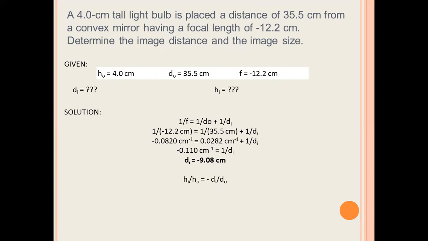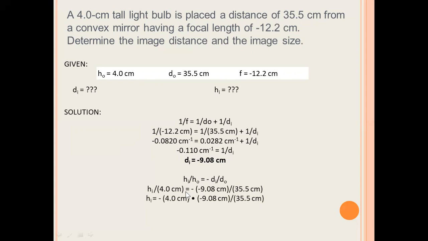Now let's proceed with solving for the height of the image. We're going to use the magnification equation as HI per HO is equal to negative DI over DO. Our HI over the height of the object at 4 centimeters is equal to the negative of the image distance we solved for, negative 9.08 centimeters, over 35.5 centimeters.